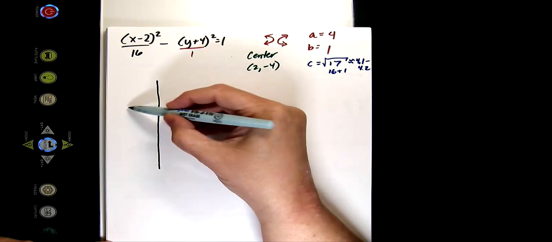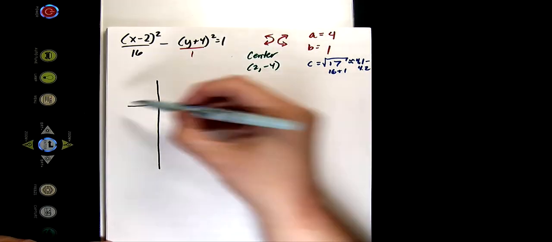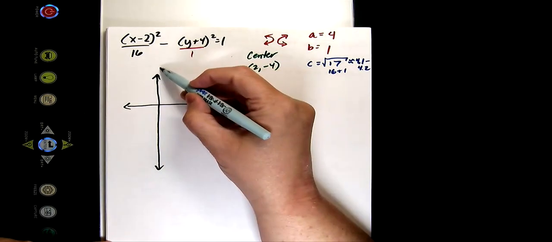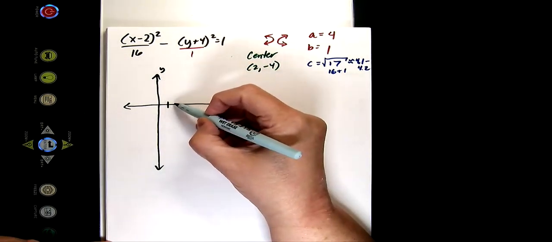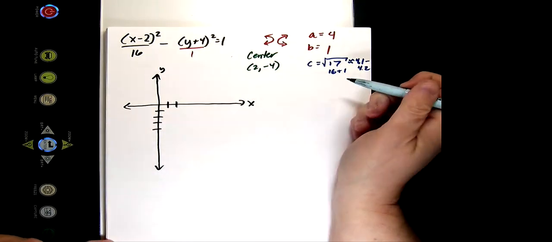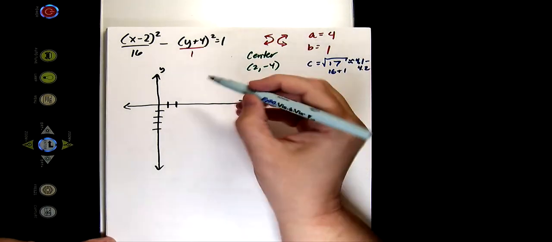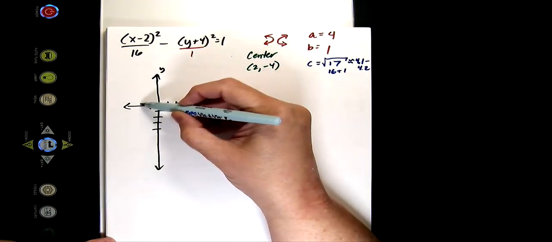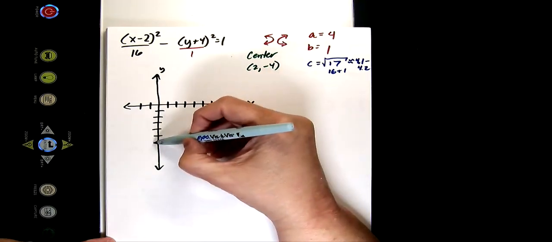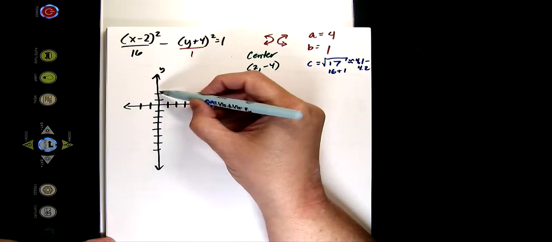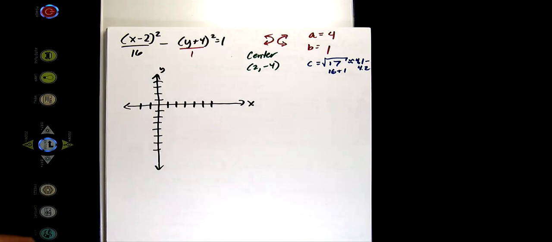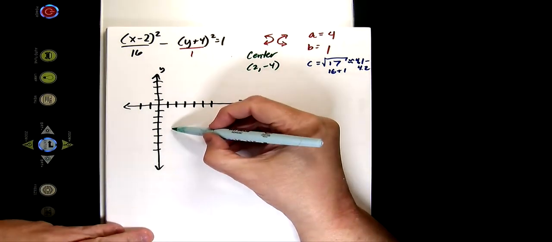Since I know that, I'll do more of my graph focusing on the right and bottom quadrant. Okay, I'm going to drop my center down. (2, -4) is right there.